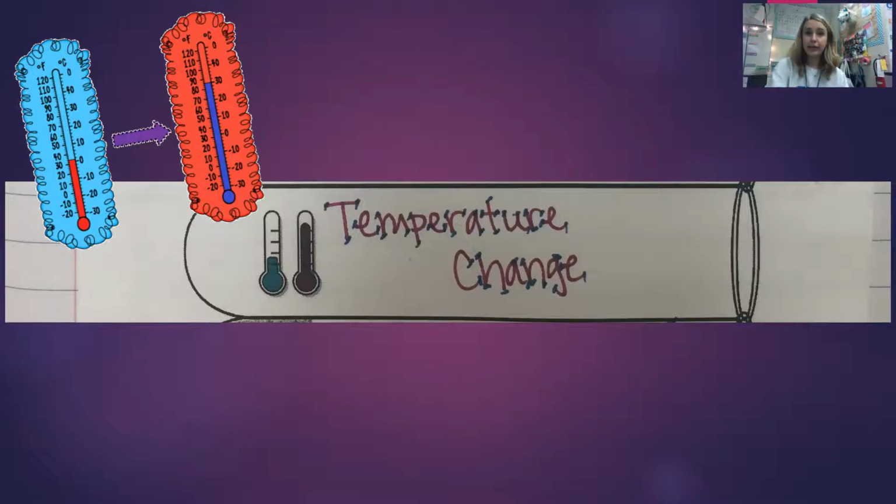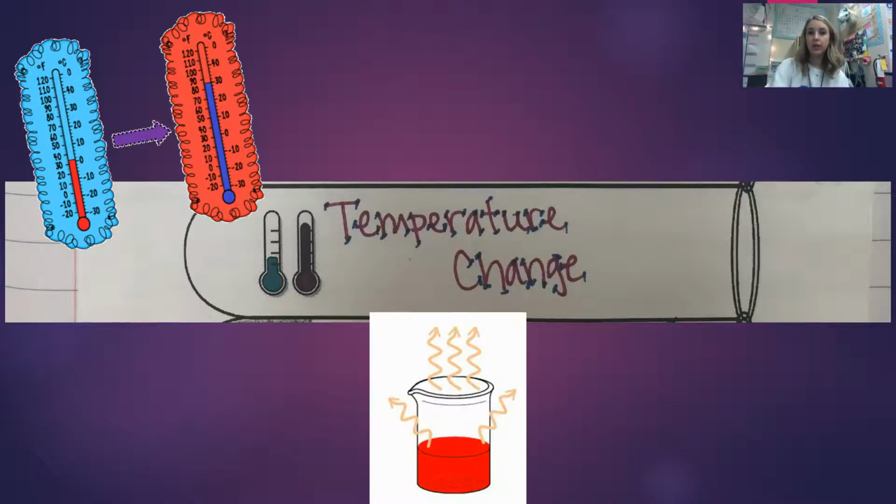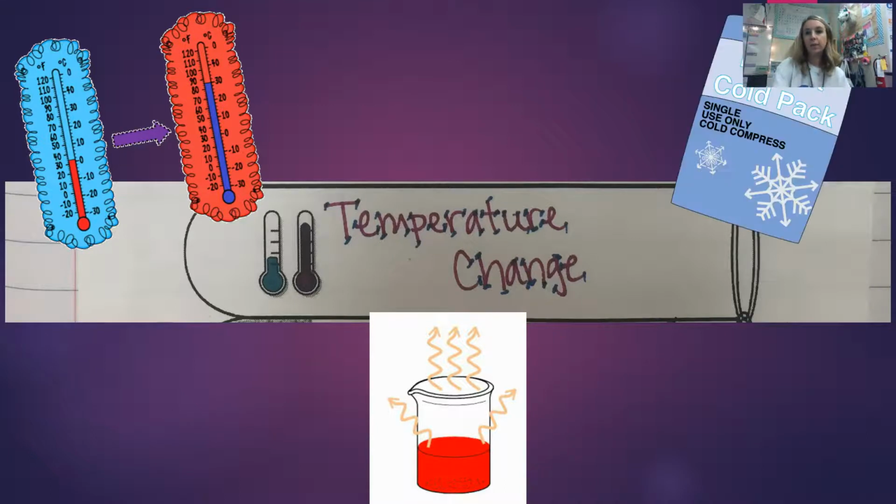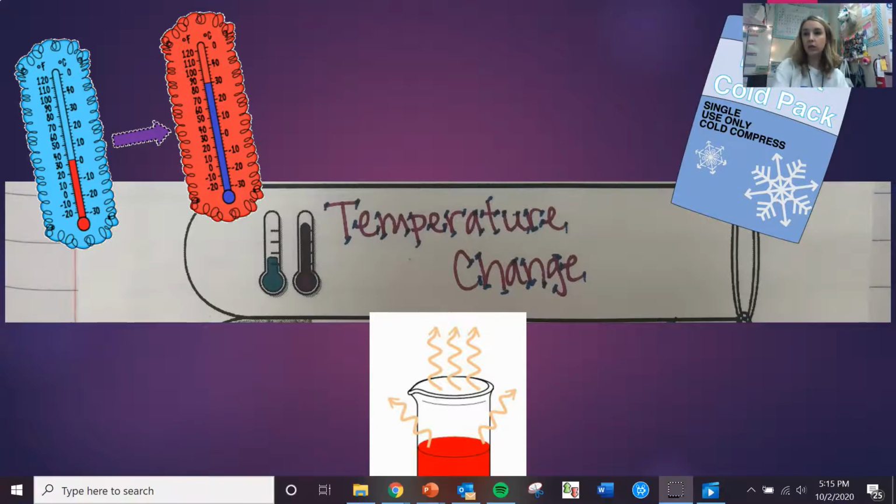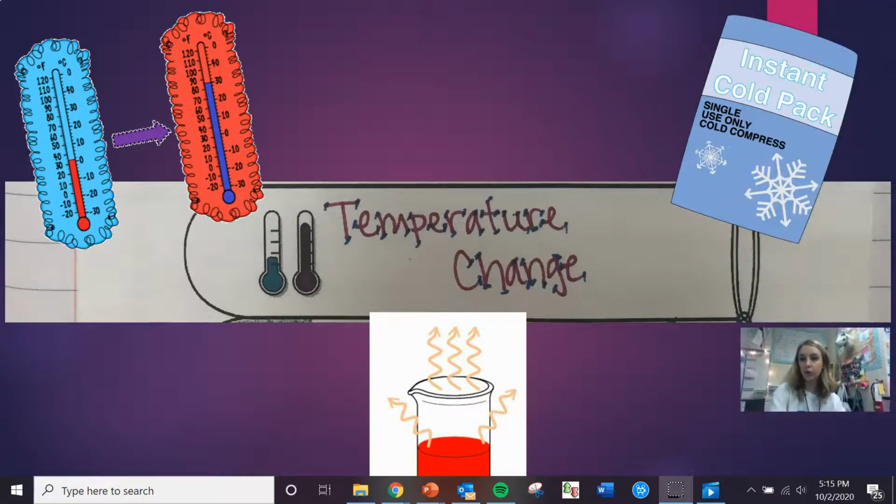Okay, so our next reaction is a temperature change. Just like color change, this has to be an unexpected temperature change in order to be a chemical change. Anytime I mix substances together, any chemicals together, and they get hot or get cold, that would be a chemical change. One example is these instant cold packs. You may see these if you play sports.